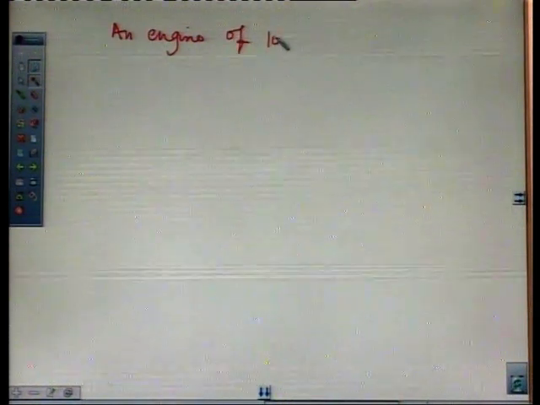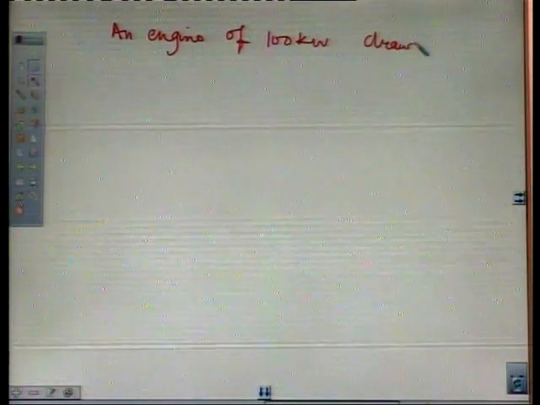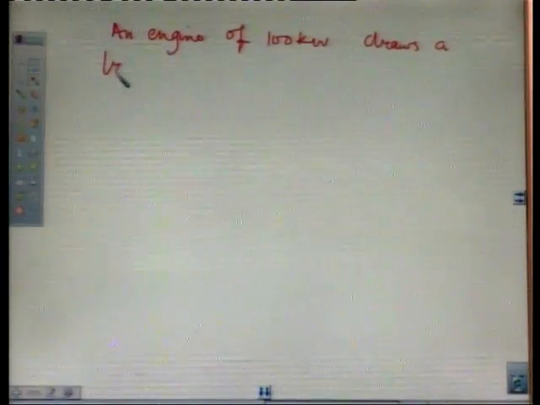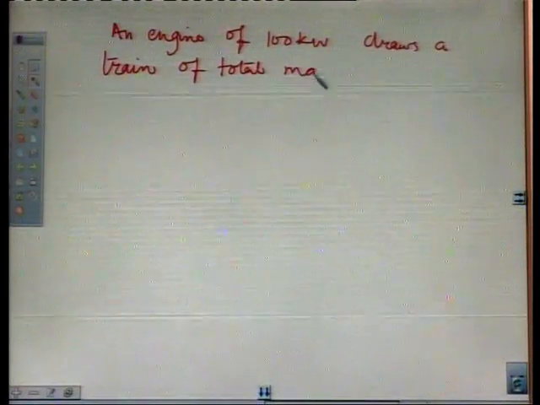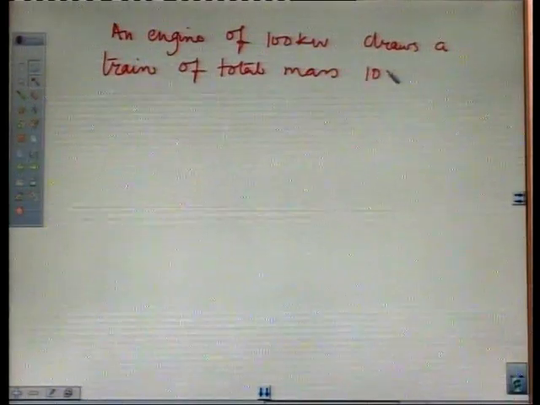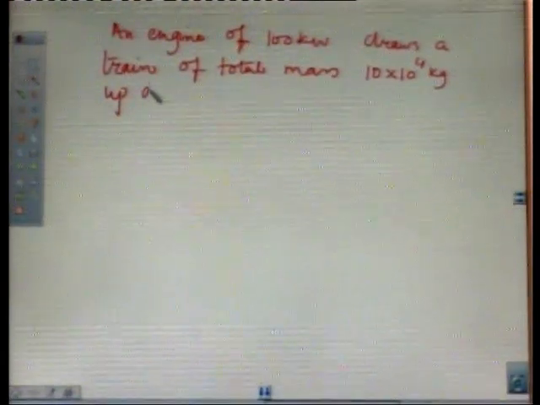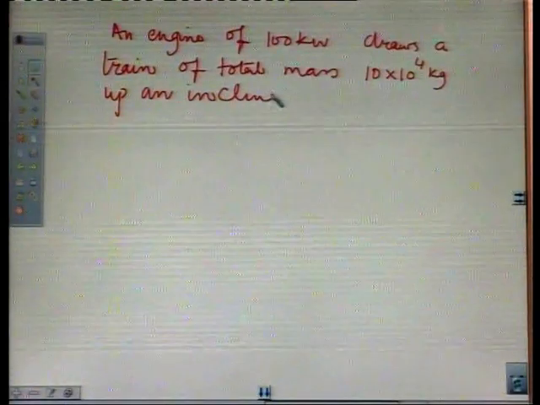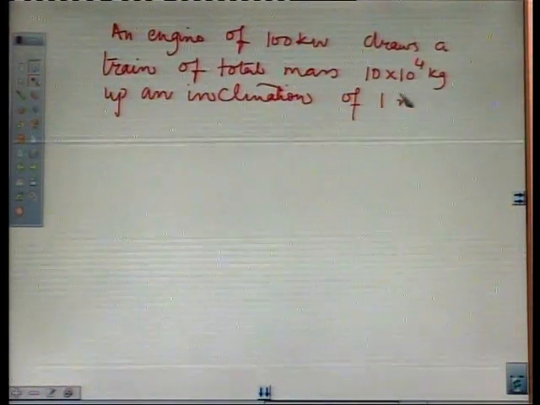Now, let us take up a bit difficult one. An engine of 100 kilowatt draws a train of total mass 10 into 10 to the power 4 kg up an inclination of 1 in 50.